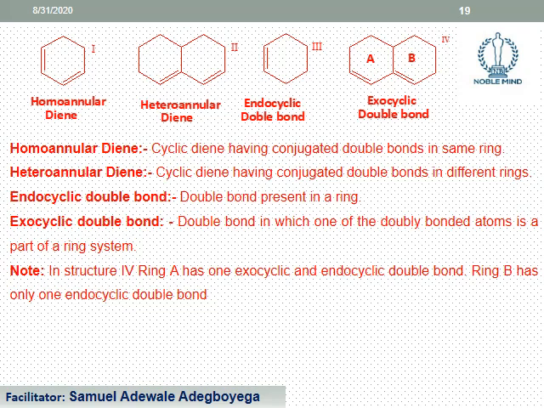Now if you look at structure 4, as I was explaining, ring A has one exocyclic double bond because the double bond from ring B is just adjacent to that of ring A, and it also has one endocyclic double bond. Ring B has only one double bond, which is an endocyclic double bond.